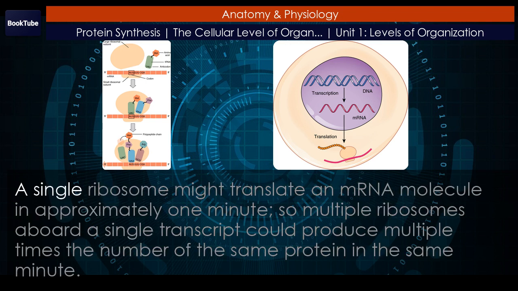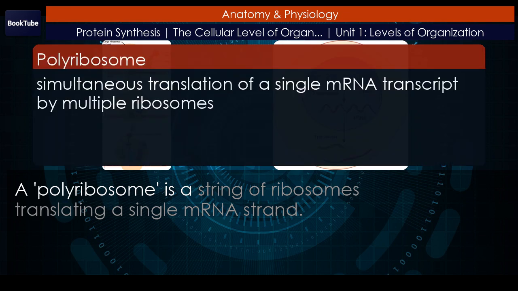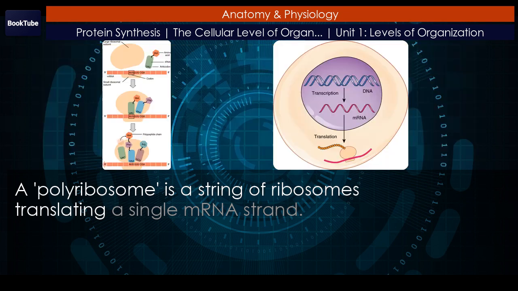A single ribosome might translate an mRNA molecule in approximately 1 minute. So multiple ribosomes aboard a single transcript could produce multiple times the number of the same protein in the same minute. A polyribosome is a string of ribosomes translating a single mRNA strand.